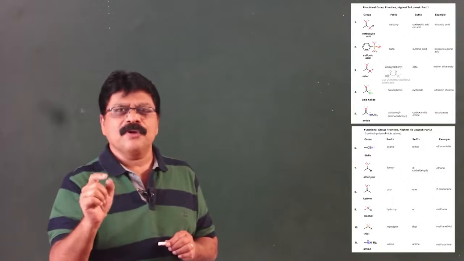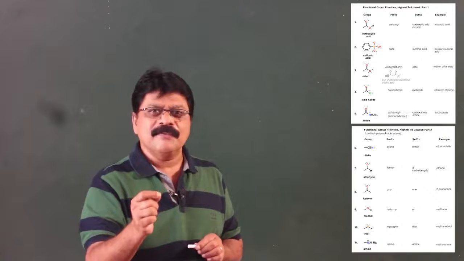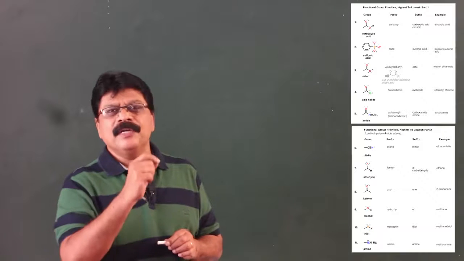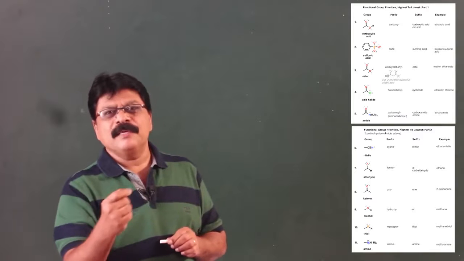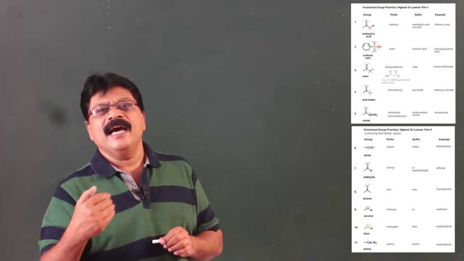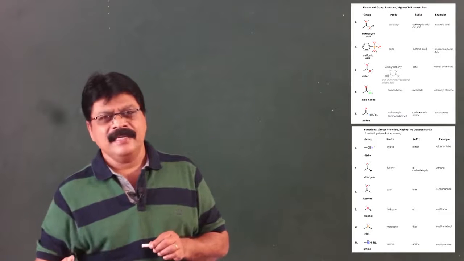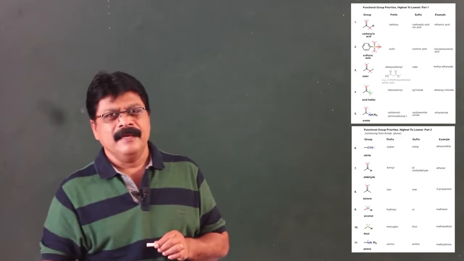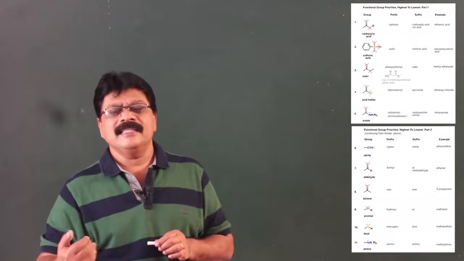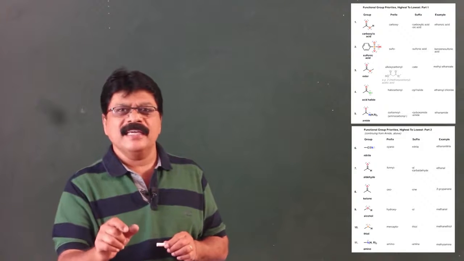Just to remember, you can always use this simple clue that the number of oxygens is given priority, and therefore, carboxylic group is given the first priority, followed by sulfonic acid, then acid anhydride, acid ester, acid halide, acid amide. This is then followed by cyanide, isocyanide, then aldehydes, ketones. Aldehyde, ketone both are carbonyl compounds, so they are identical.